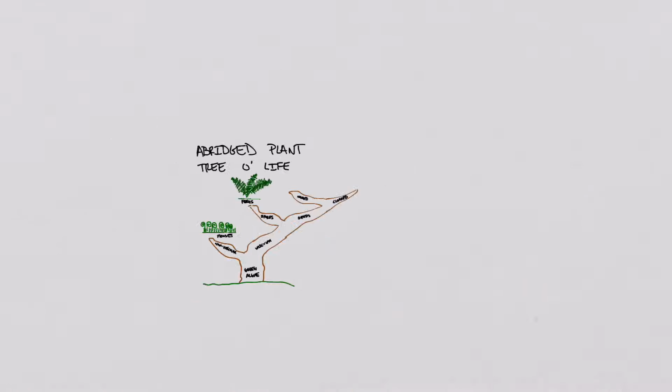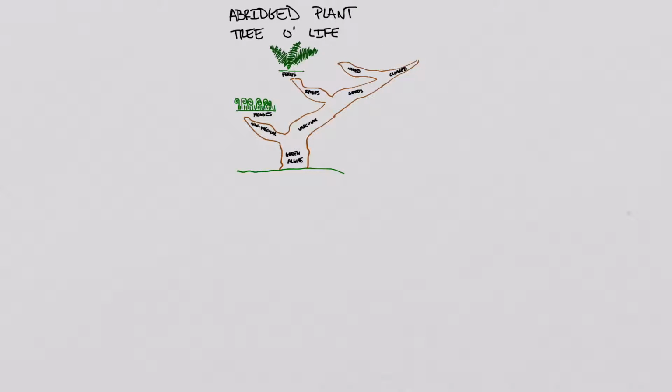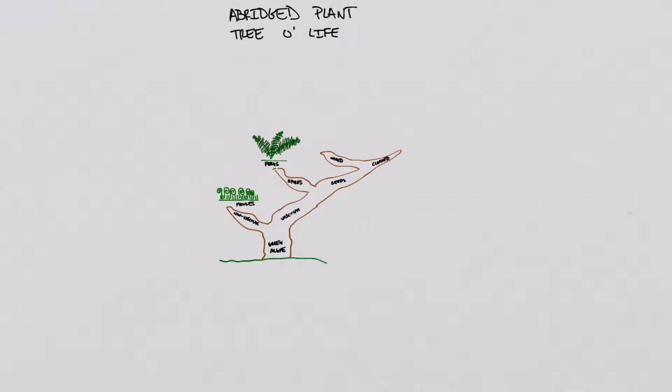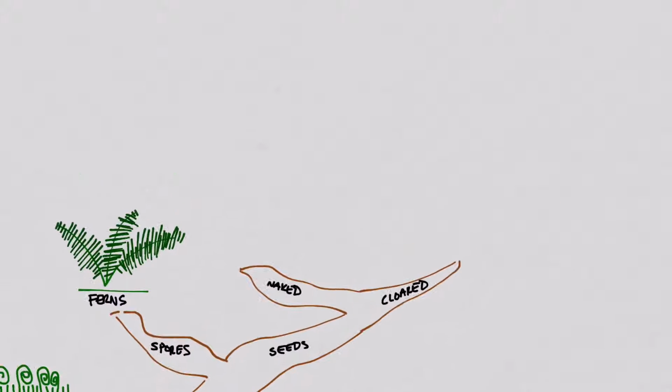And looking at our, oh shoot, there's not enough space here. I'm gonna grab this whole thing and move it down. Okay, so our naked seed plants, these are our gymnosperms. So I imagine that most of you have seen a pine tree before.